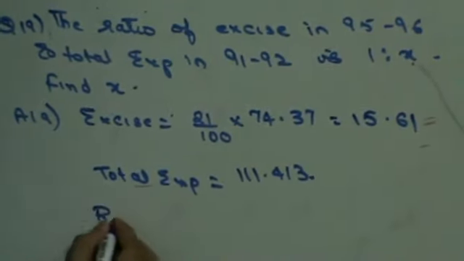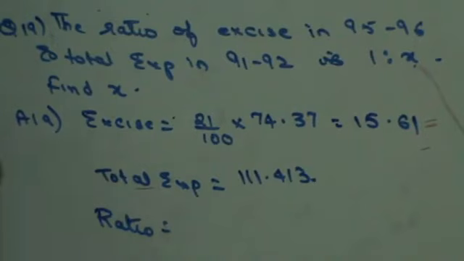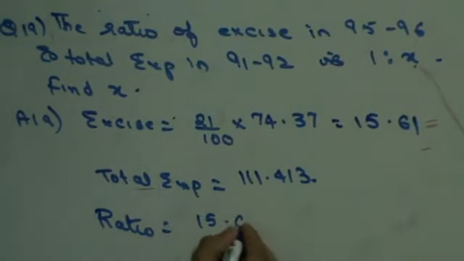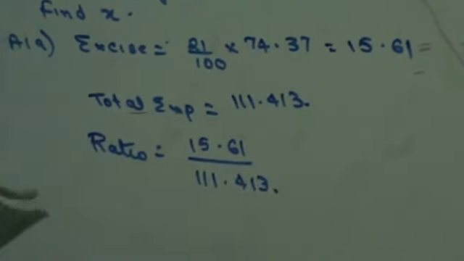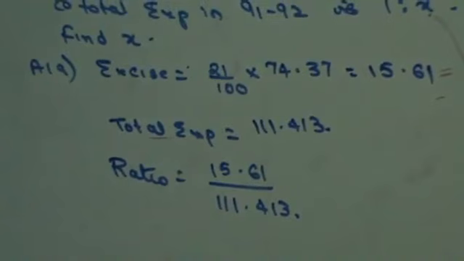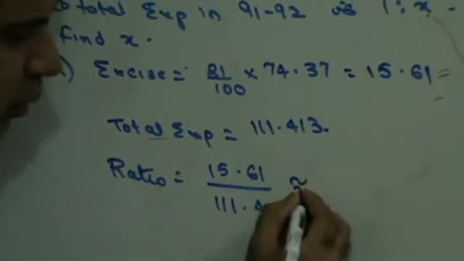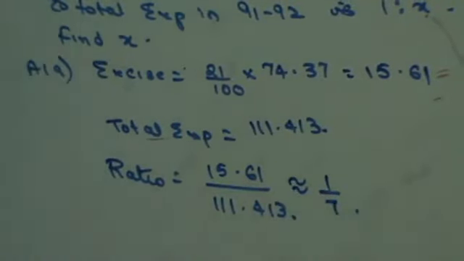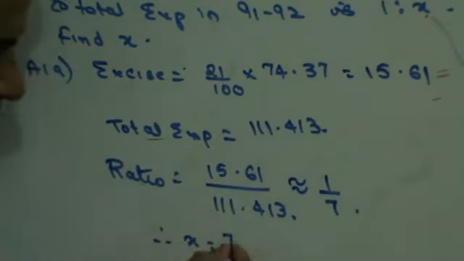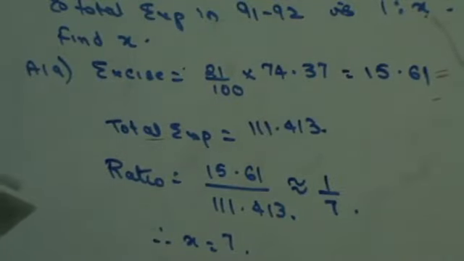So the ratio is going to be equal to excise is 15.61. Total expense 111.413, right? So whatever, this is approximately 1:7. So they've asked you 1:x, therefore I can say x is going to be 7, right? Next, let's move on to the next sum, guys.